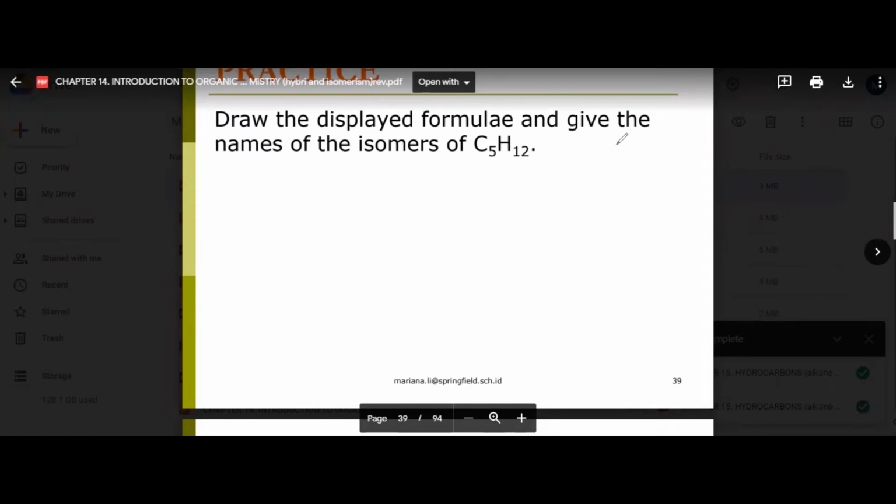It is an alkane, since CnH2n+2, right? C5H12.